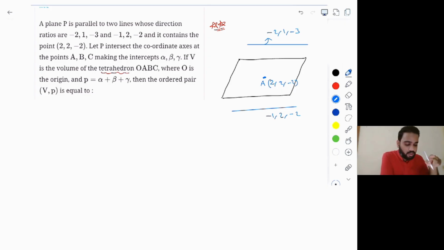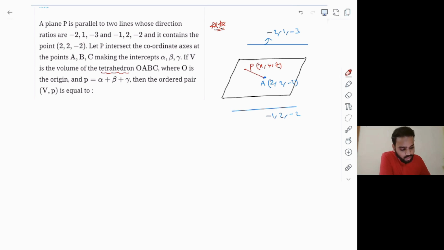Now this is exactly one of the cases that I have discussed, that is the equation of a plane passing through a given point and also parallel to two given lines. So what was the simple idea? As I told you, even if you don't remember the formulas, what is our simple trick? Assume the general point, that is point P, x comma y comma z.